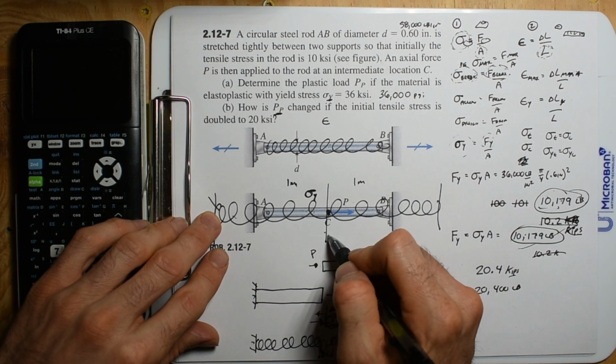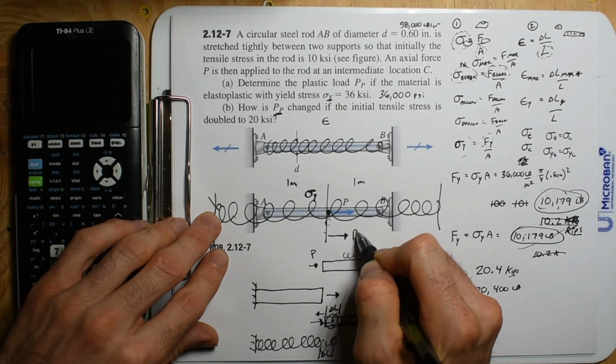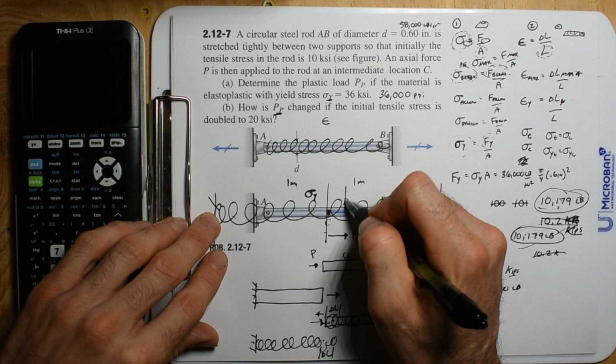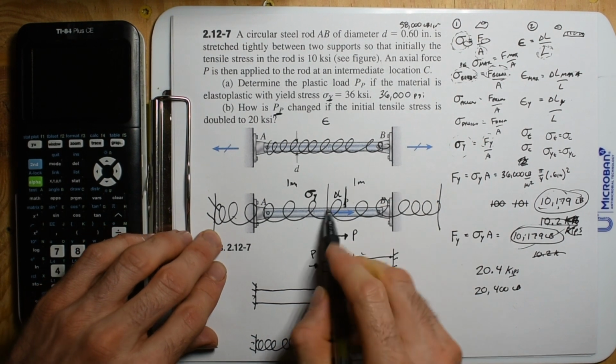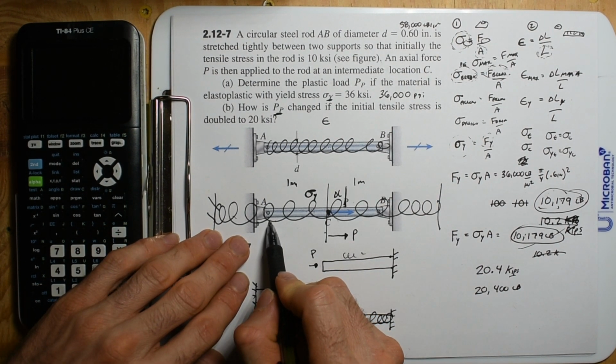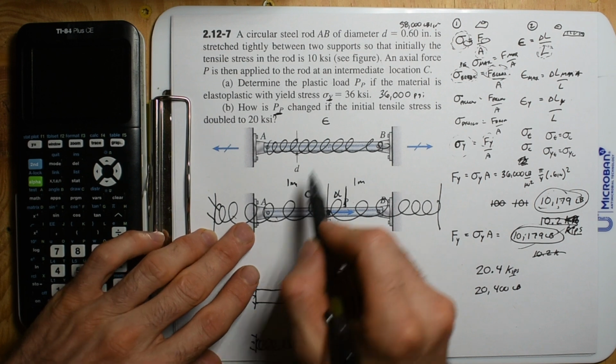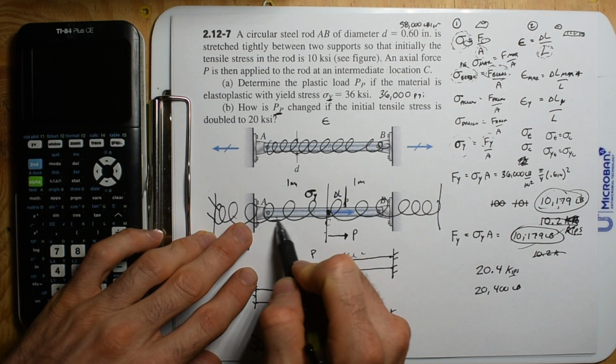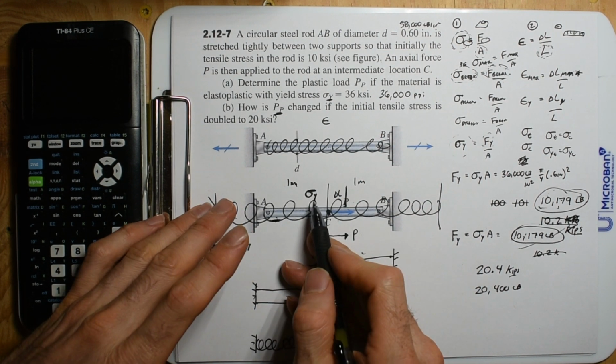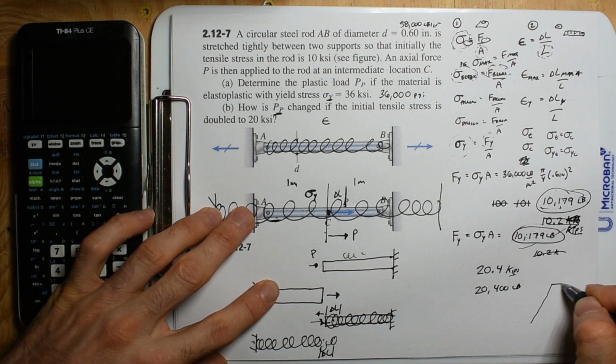When I put the load P right here and start to stretch, maybe I can only stretch it to right there before the bar says, oh hell no. And that's the whole point about plastic loads.